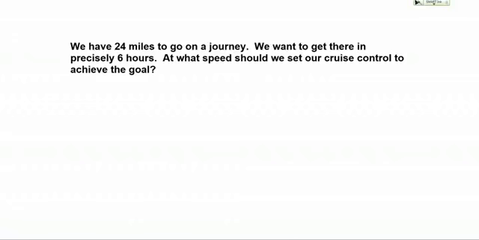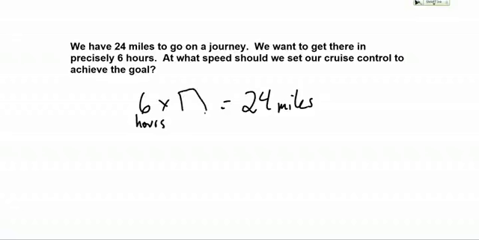And once again, we have 24 miles, and this time we know how many hours there are, so this is going to be 6 hours. We want to know what fills in here in terms of our rate, in terms of miles for every hour, that we need to go to make the 24 miles in exactly 6 hours. And once again, the numerical answer is 4, although this time 4 is representing the rate of 4 miles per hour.